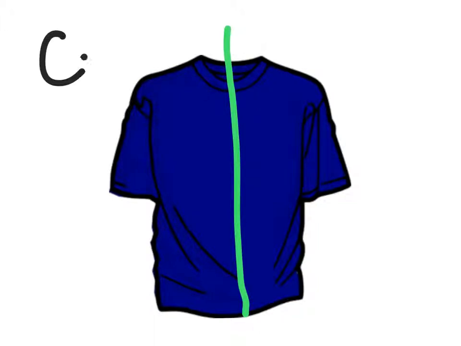Let us try this one. What if we cut the blue shirt into two equal halves? Okay. What will happen to its color? Will it change or not? Pause. You have definitely thought of the answer faster here.